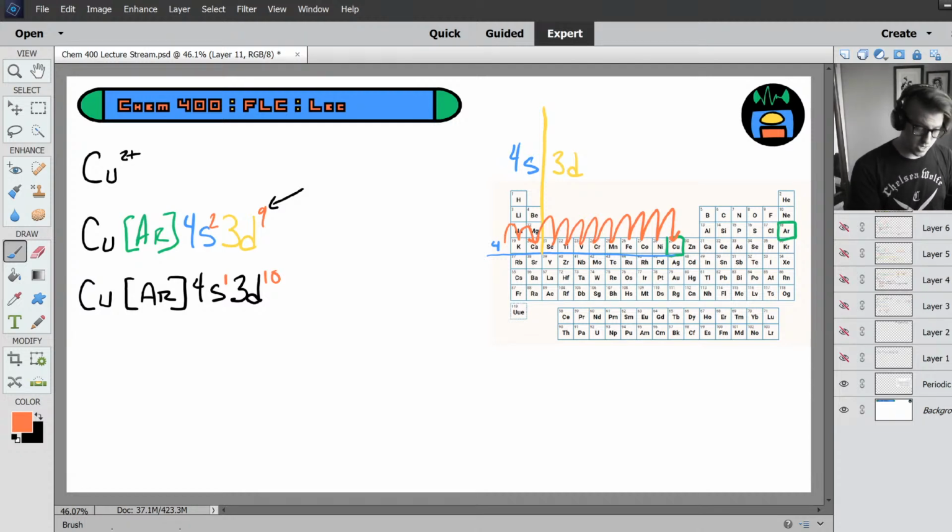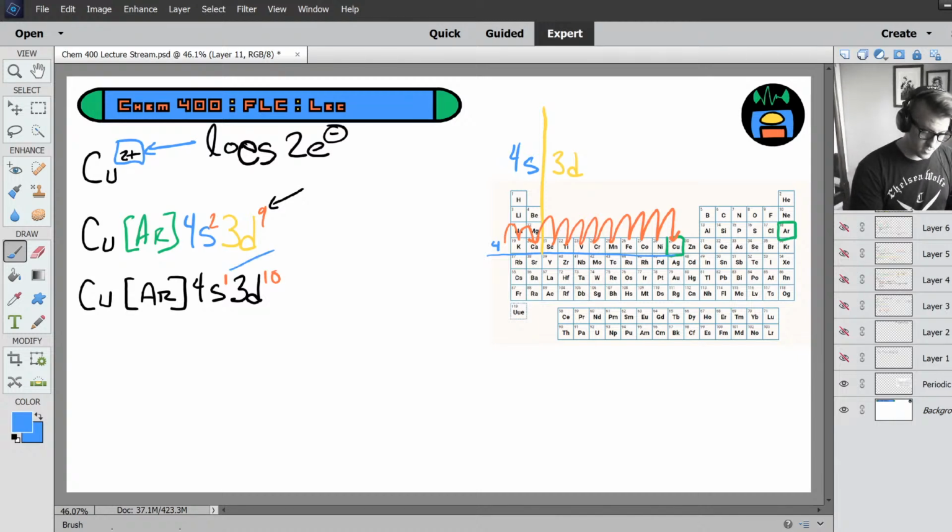For neutral copper. But we're dealing with an ion, so we have to remember that we have to lose 2 electrons. The first one always has to come out of our highest energy shell, right? We're going to lose 1 electron from here, plus we're going to lose another electron from here.